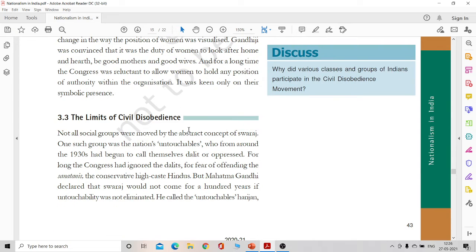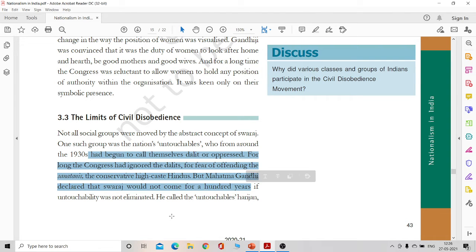Now, as far as the limits of the civil disobedience movement, mainly two limits are there. One is the lack of Dalit representation, and therefore Dalit participation. Now, the reason why the Congress ignored the Dalits was, again, it would attract the ire of conservative high caste Hindus.